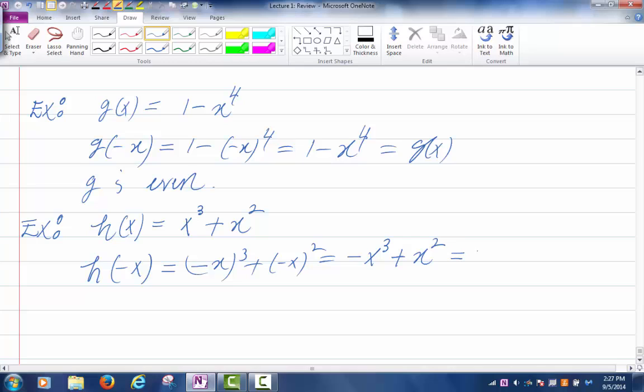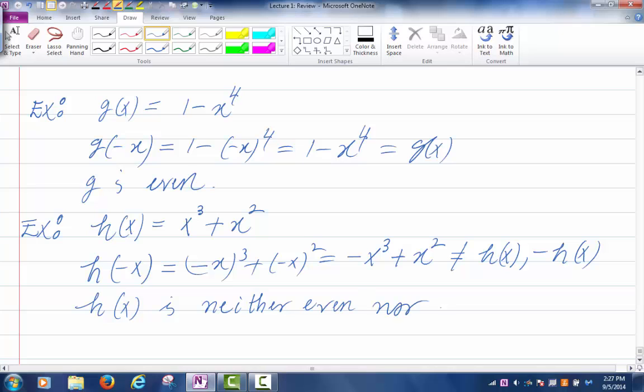And this is not equal to h of x for sure, right? And it is neither a negative h of x, right? It's not h of x, it's not negative h of x either. So h of x is neither even nor odd.